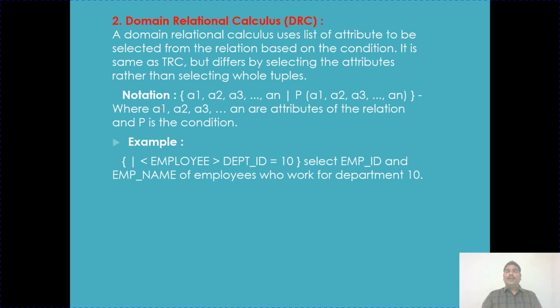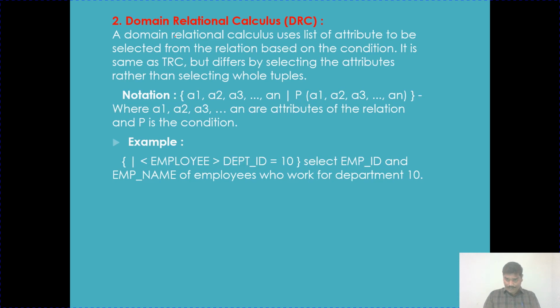Simply, domain relational calculus uses a list of attributes, but tuple relational calculus is selecting the rows or selecting the tuples. Here, you have to select the list of attributes from the table based on the condition.